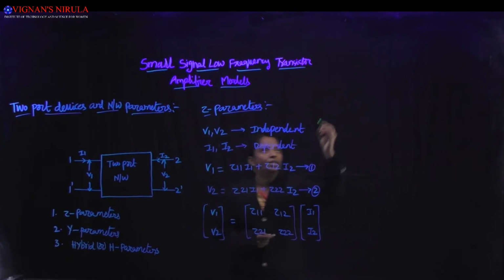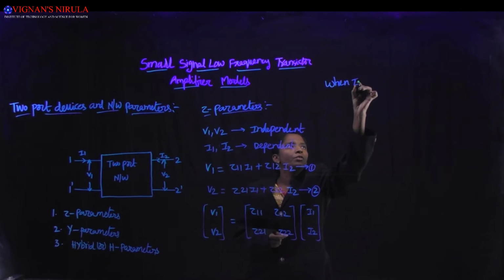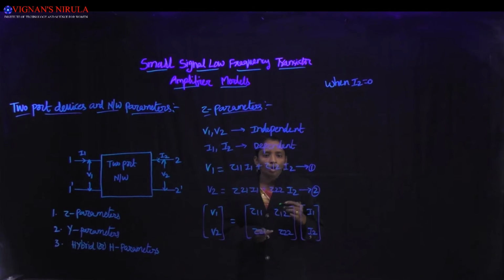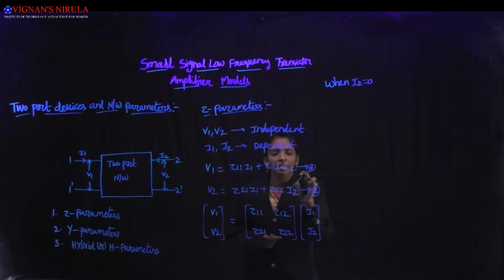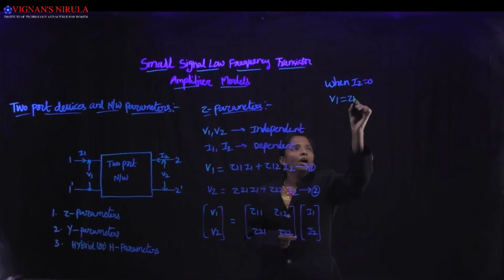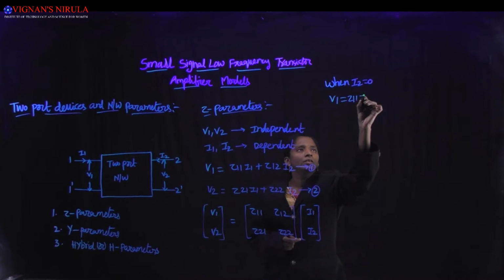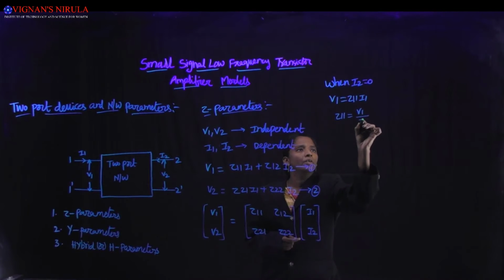So when I2 equals 0, the output port is open circuited. At that time, from equation 1, Z12 I2 will be 0. So we are getting V1 equal to Z11 I1. So from this equation, Z11 equal to V1 by I1.